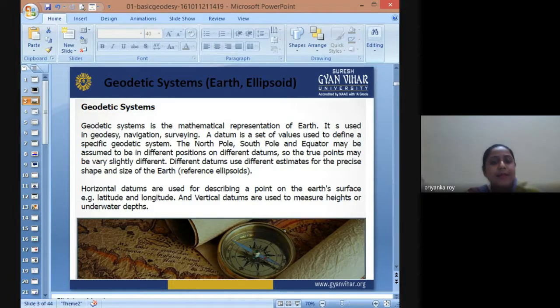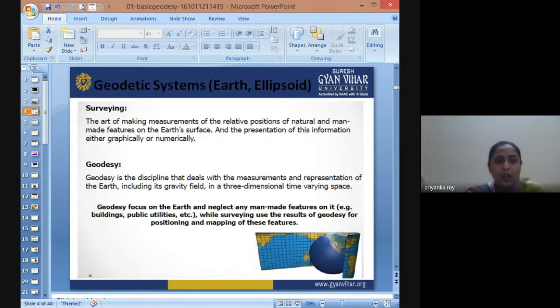So latitude and longitude is an example of a horizontal datum. A vertical datum is used to measure height or depth. Height, when you measure Mount Everest, and depth, when you measure the depth of the ocean, the abyss, the ocean floor. That is the underwater depth.